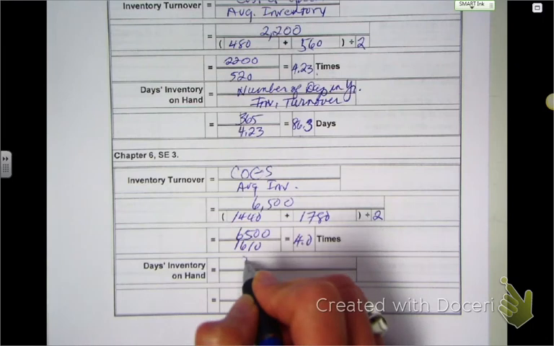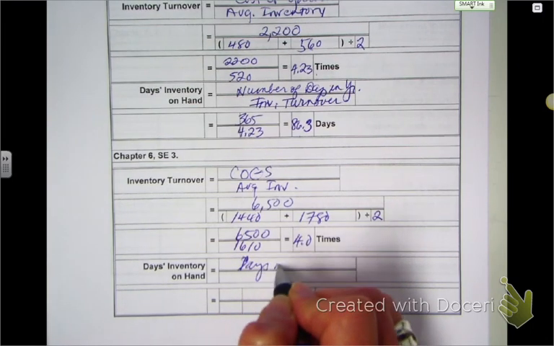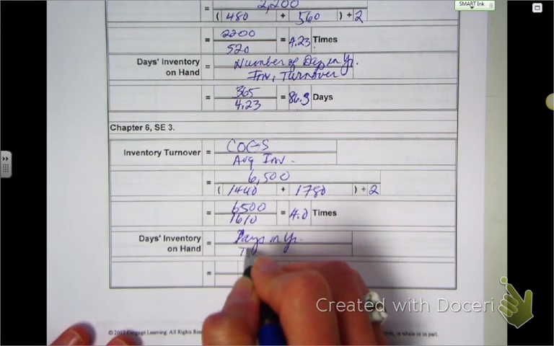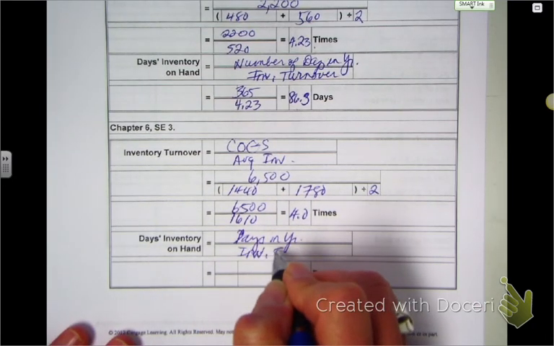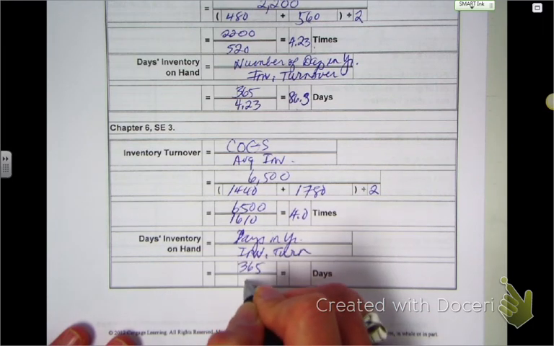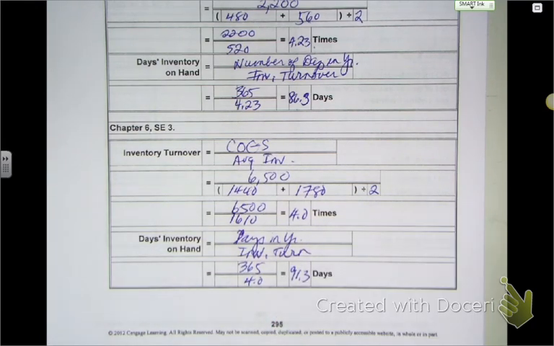Then I've got days in the year divided by inventory turnover. 365 divided by 4 times is 90.3.